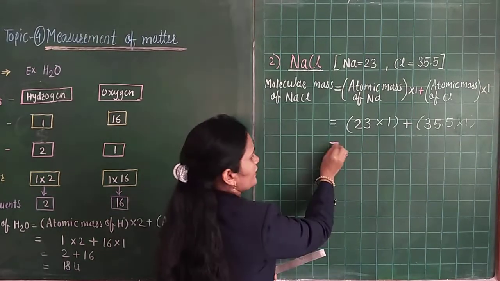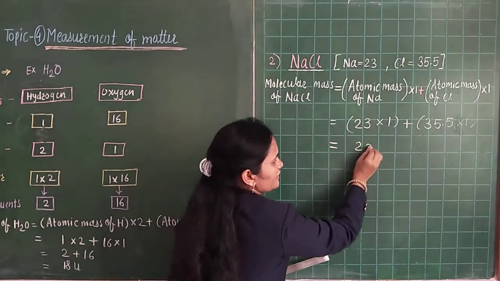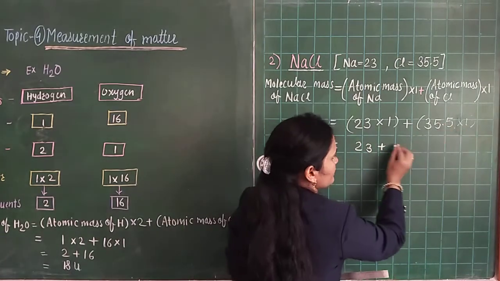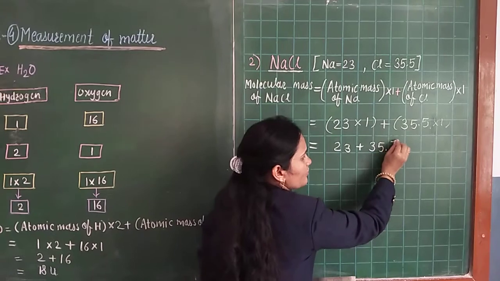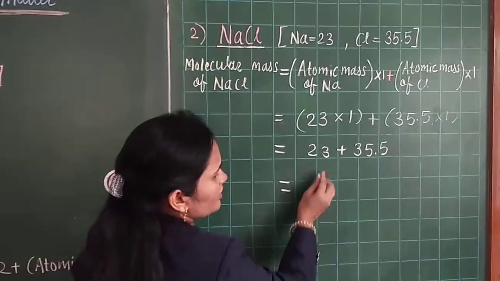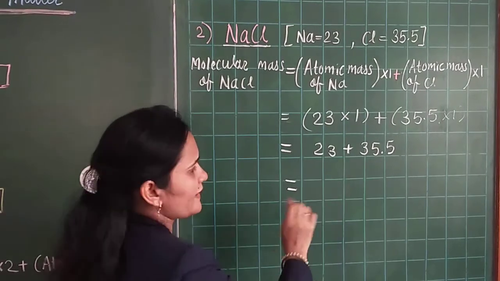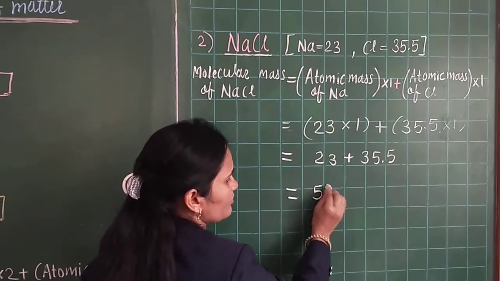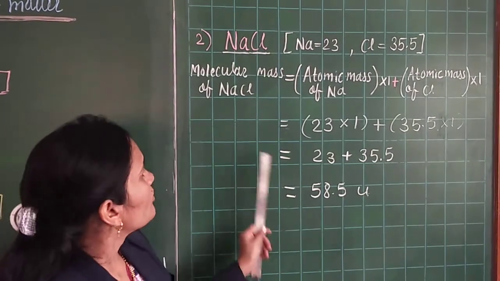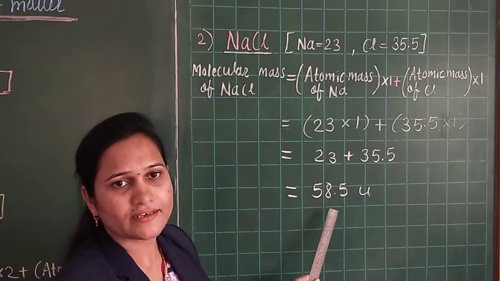Here 23 ones are 23 plus 35.5 into 1 is 35.5, and the total, 23 plus 35.5, is 58.5 Dalton, and this is the molecular mass of NaCl.